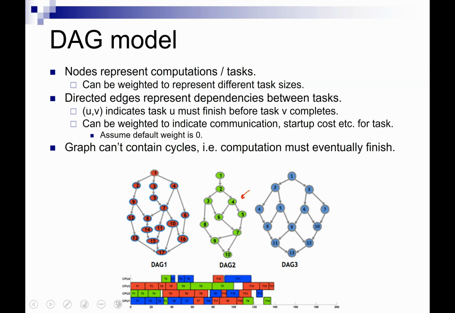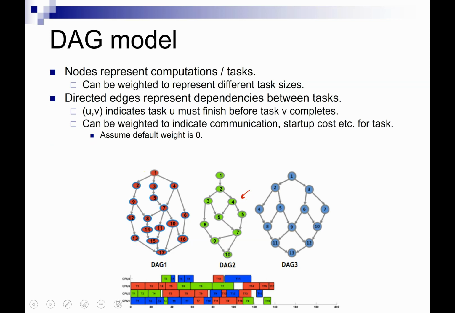The weights represent the size of each task, or maybe the size of a communication. So if we put a weight of, let's say, 5, this might mean that you have to do 5 units of computation. Here you could have a weight of 2, so task 2 is somehow smaller than task 1.